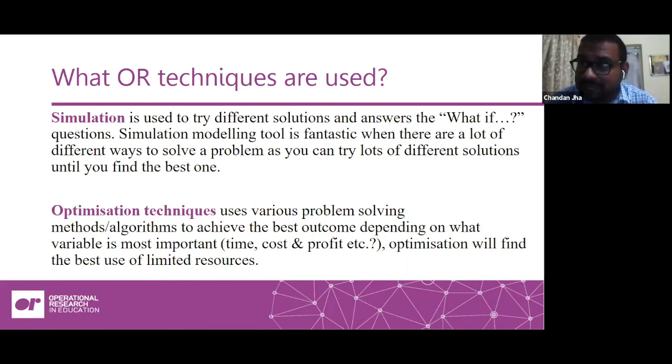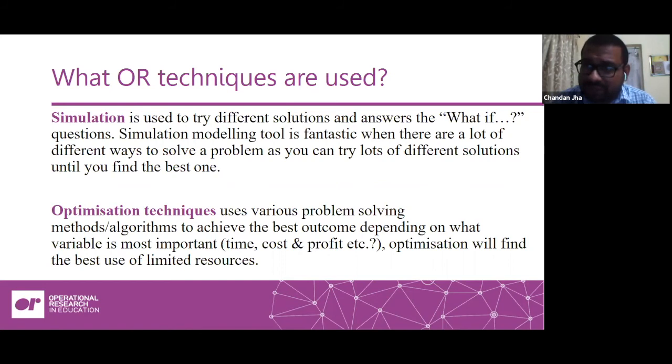As I said earlier, whenever we use the word optimization, it comes along with limited resources. In other words, these resources are our constraints as well, because time, number of people, availability of resources, and raw materials, all these things we need to manage in all our operational activities.